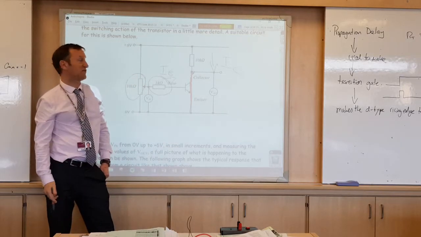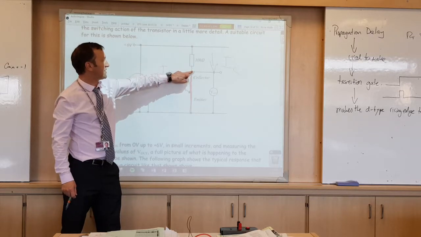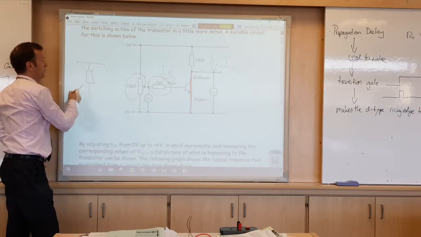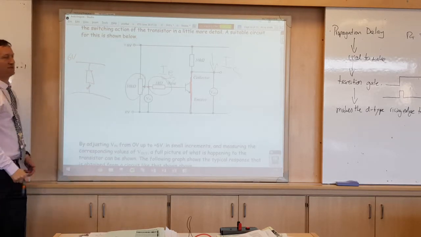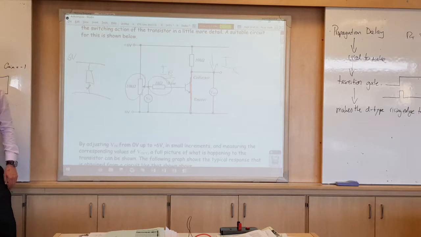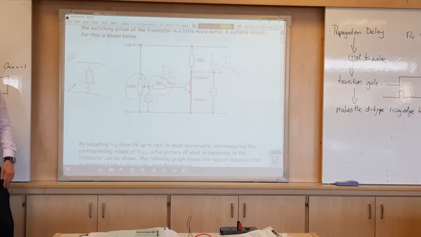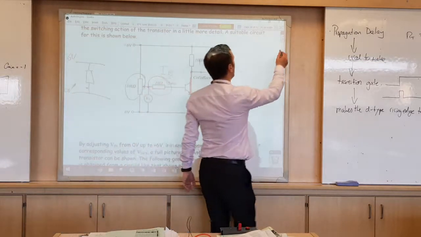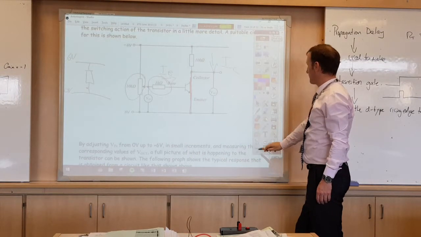So if that's 6 volts and you measure the voltage here, what do you get? Oh right, yeah, it's connected to naught, so it's just nothing. Exactly. You're thinking too hard. Either way, but don't get that mixed up.